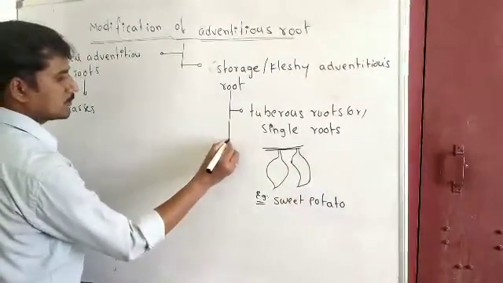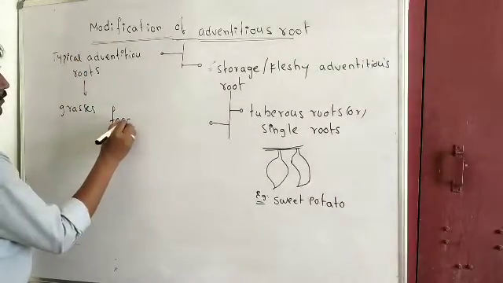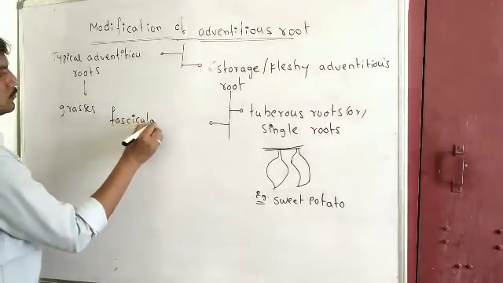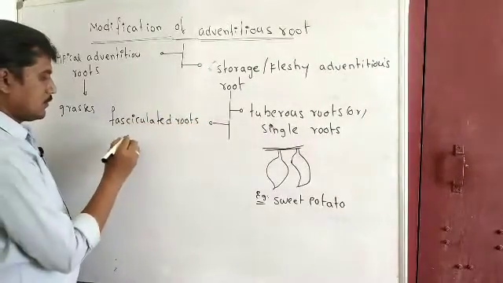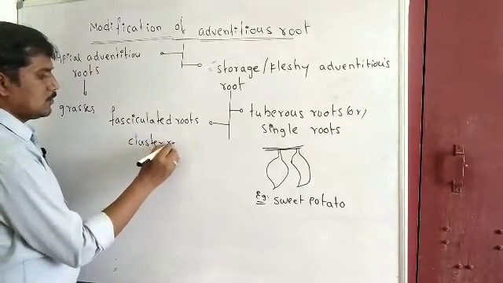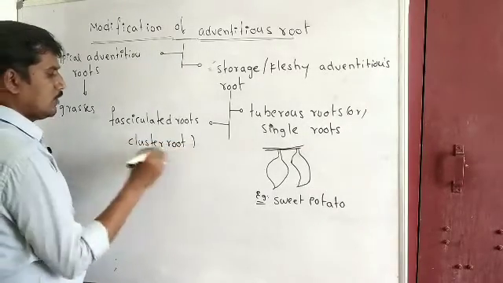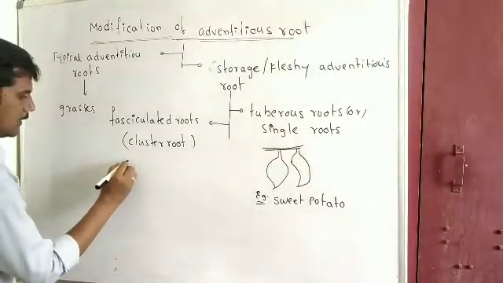The next one we are going to discuss is the fasciculated roots, also called cluster roots. They also are involved in storage of the food material. Now see the diagrams.